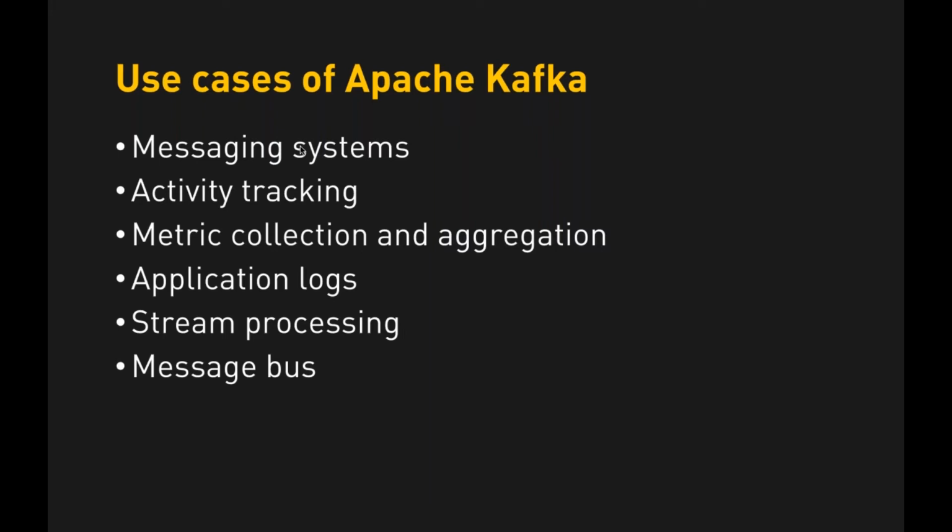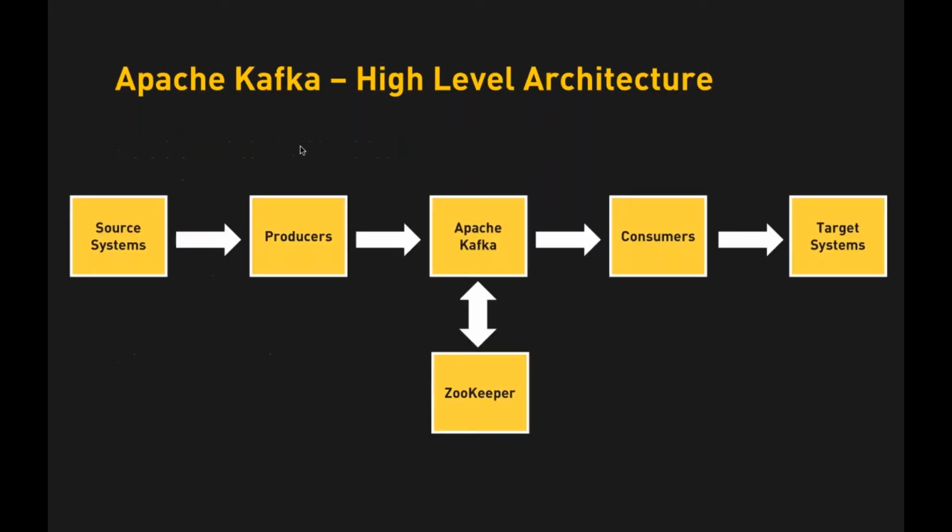We are going to look at some of them in the use cases as well as demos. And finally, this can become an enterprise message bus where the whole enterprise architecture can rely on Kafka for exchanging messages. So this can be the central piece for sending a lot of messages across multiple systems. So these are some of the top use cases of Kafka.